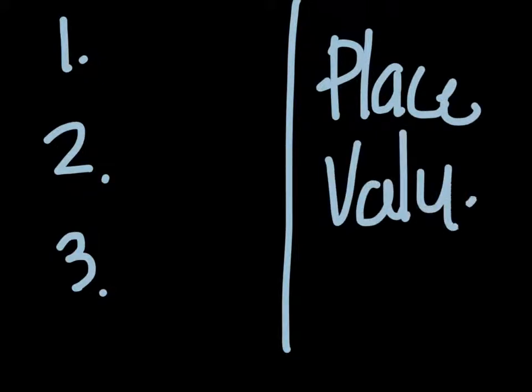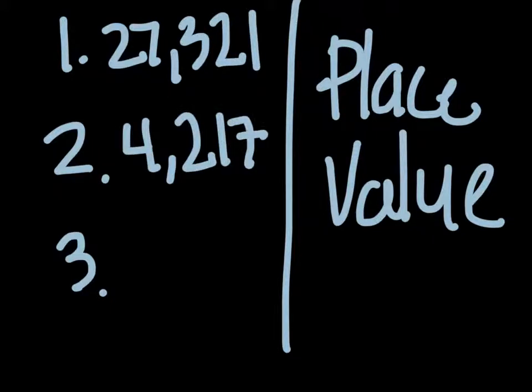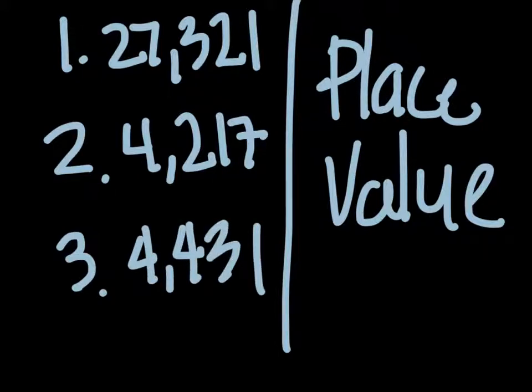I want you to write down the place value of the underlined digit. Okay, so go ahead and pause the video and write down what place value the underlined digit is sitting in. On the next slide, I'm going to give you the answers.